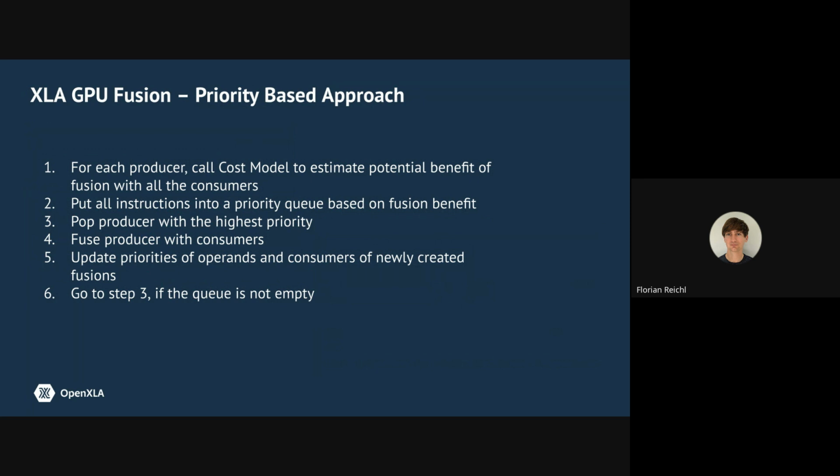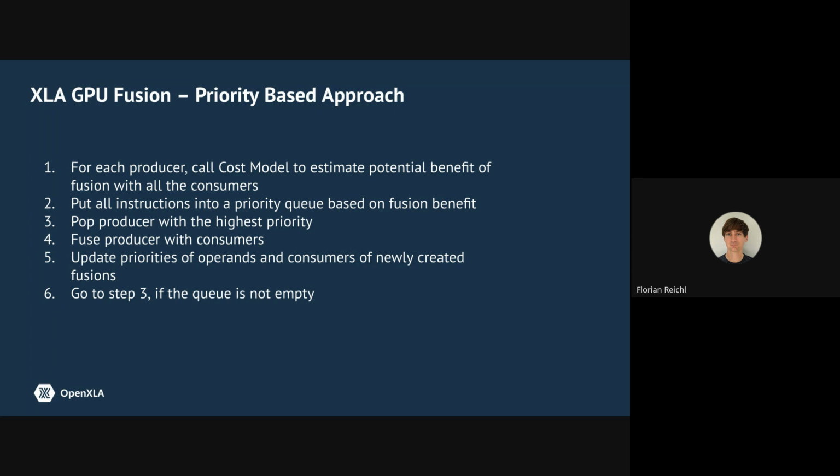And that's, as Johannes said, why you need a fast cost model, because you can't practically profile this for various reasons, just the runtime, but you also have to be able to codegen all that. Once you have this graph with priority weights, you start fusing the most beneficial priorities, and then build your fused graph that way. And you just keep doing it until you have exhausted all your fusion opportunities.